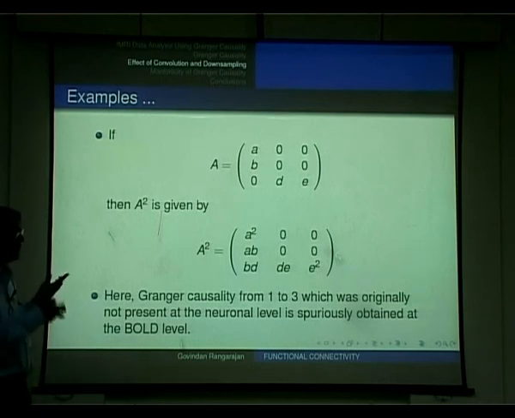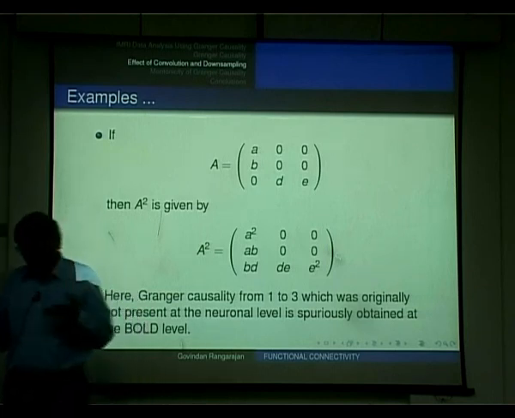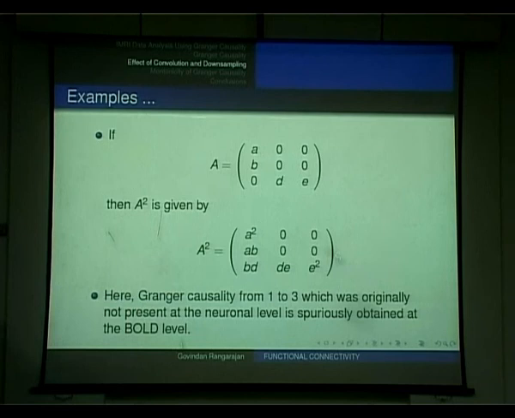Even though I'm talking in terms of Granger causality, all these considerations will apply to correlation analysis and all these other analyses that we do. So this is a serious issue. When you're looking at these connectivity patterns, either using correlation or Granger or whatever technique you have, what is present at the neuronal level may not be present at the fMRI level because of this downsampling, or what is not present may come spuriously at the fMRI level.